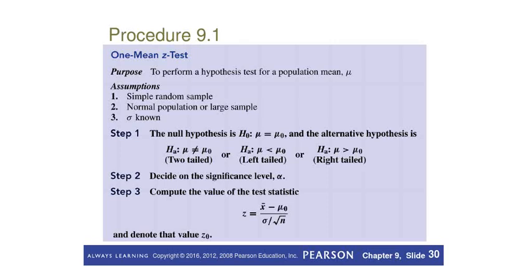Step 3 is to compute the value of our test statistic. So we're actually getting a z-value right here. We're either going to go with our z-value and use our critical value test, or we're going to find the probability associated with that z-value from our table, and then find whether or not that p-value meets our p-value approach. That's actually the approach we're using.